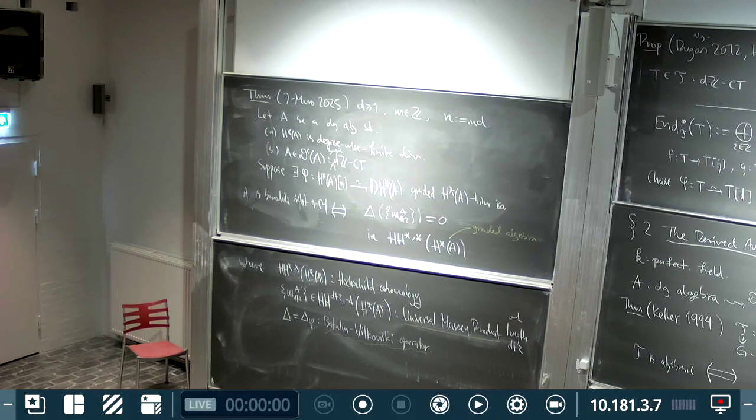Right. So maybe I would just say in words examples of triangulated categories that fit within this correspondence. So for d equals 1, one has stable module categories of self-injective algebras of finite representation type, cluster categories of Dynkin quivers, as explained by David.